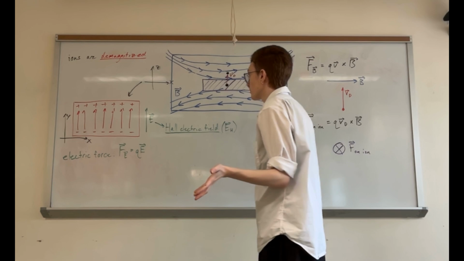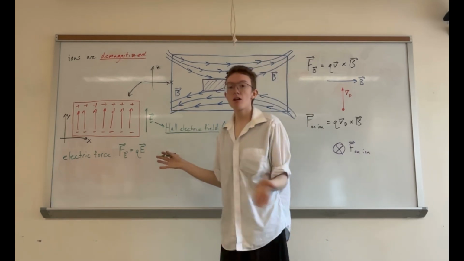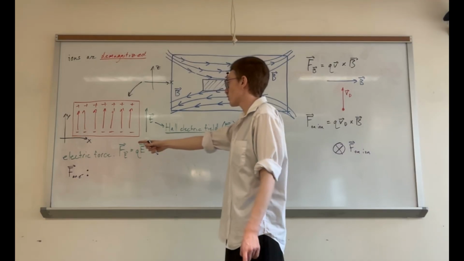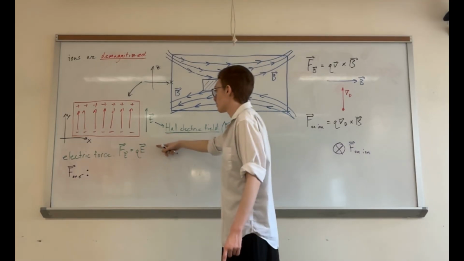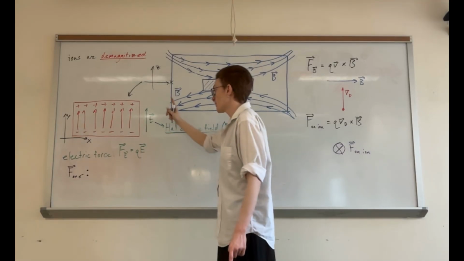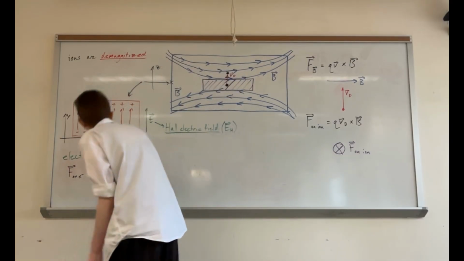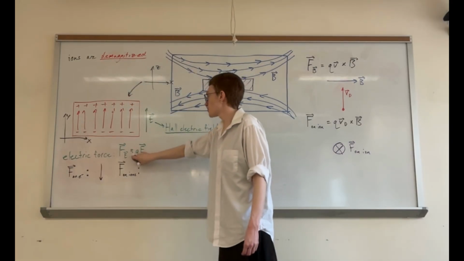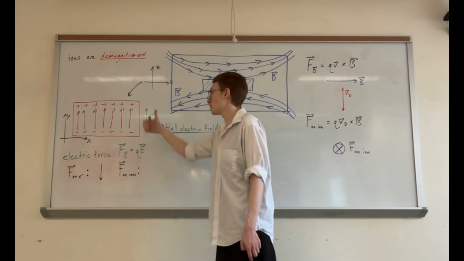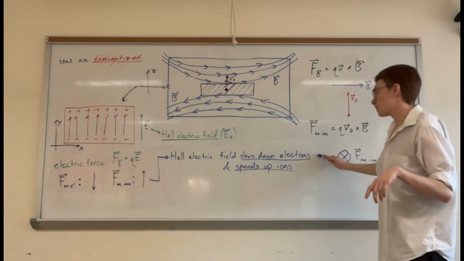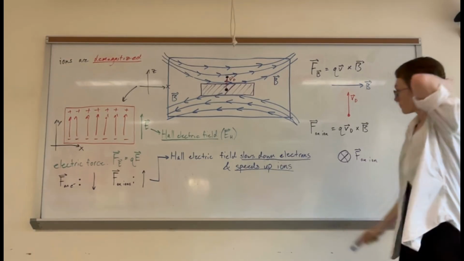But now, due to this charge separation, we have a non-zero electric field acting on our plasma. So if we look at the force on our electrons, our electric field is going this way and our charge is negative, so the force is going to be directed down, whereas with our ions, the charge is positive, so they're going to be accelerated upwards. So the result is that the Hall electric field slows down electrons and speeds up ions.